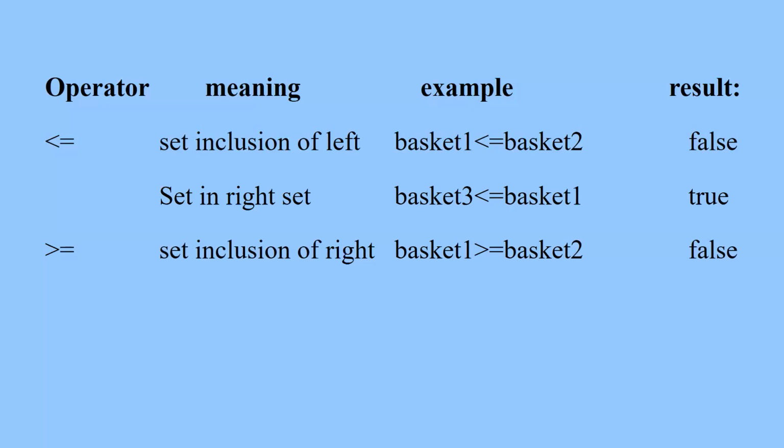I repeat, the content of basket 2 is more than or equal to the content of basket 1. In other words, basket 2 has more members than those of basket 1, or equal members. So the answer is false.